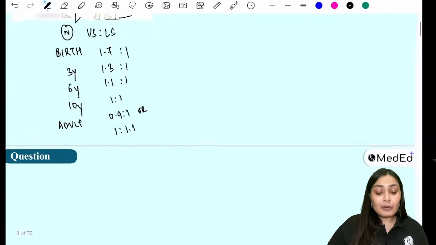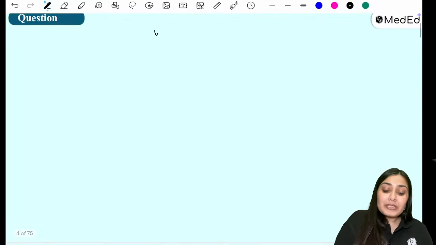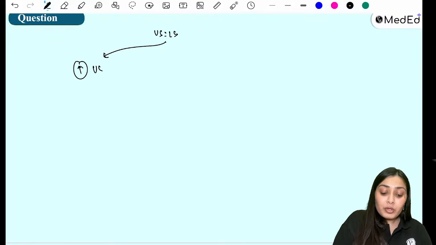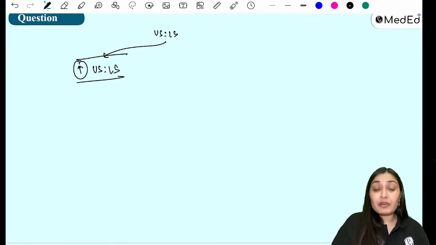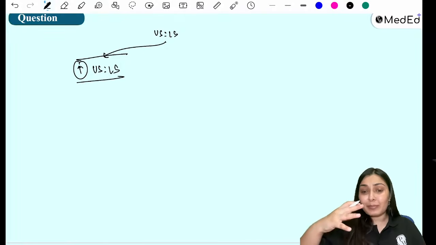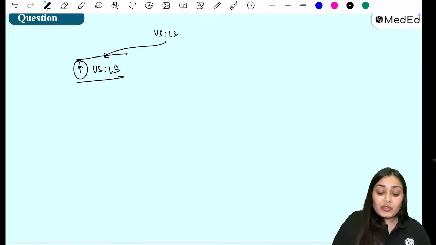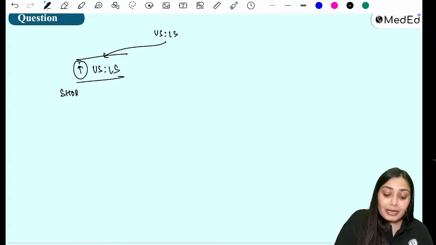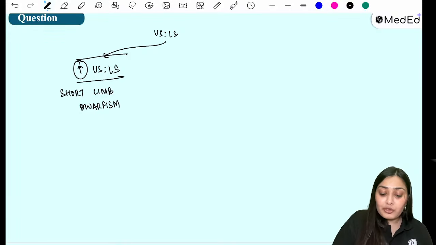So let us understand both the scenarios. If the upper segment lower segment ratio is high for the age, that means my trunk is big, limbs are short. So this is short limb dwarfism. In this condition, remember 3 differentials. This you should mug up by heart.